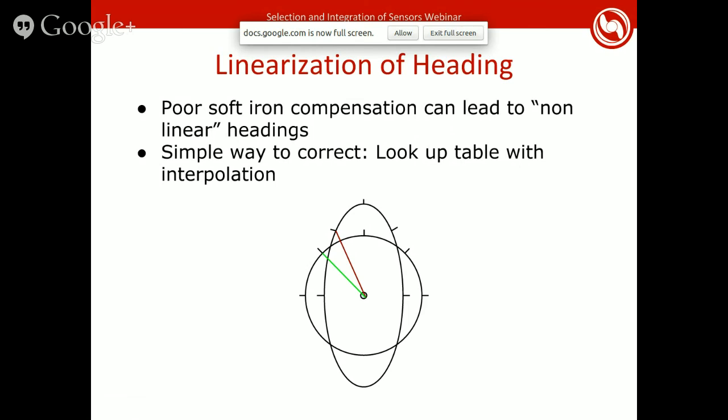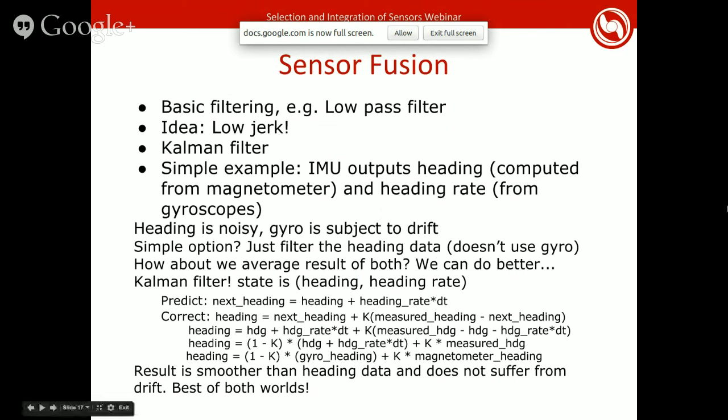Okay, let's talk a little about sensor fusion. A simple sensor fusion thing you can do is basic stuff like a low pass filter, or a median filter, or an averaging filter. In our data, things have low jerk. Jerk is the third derivative.